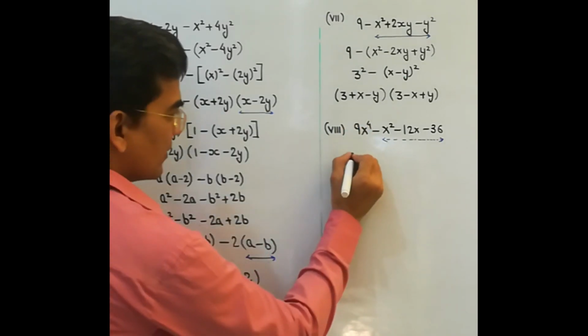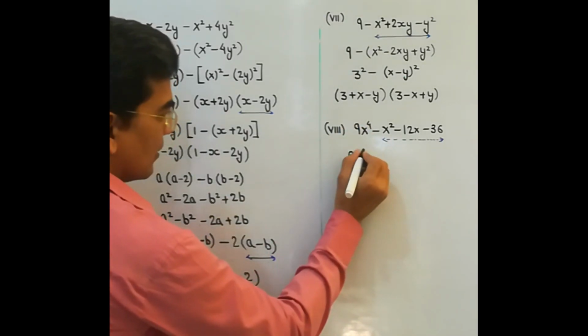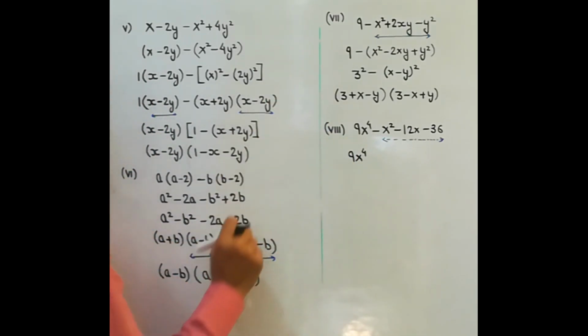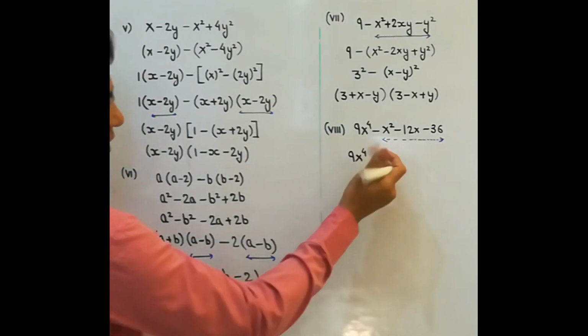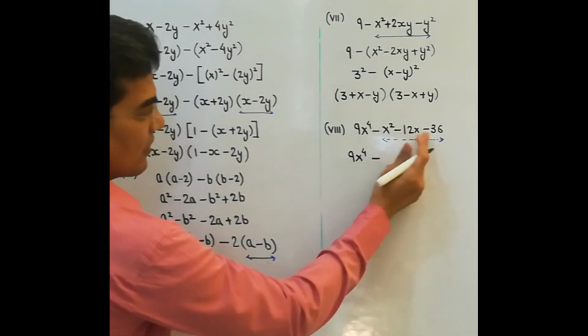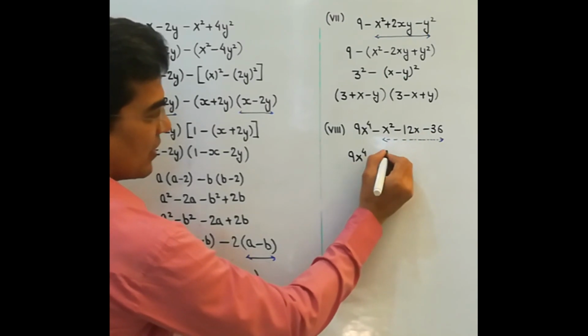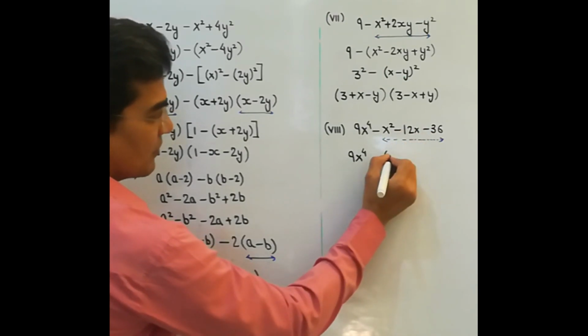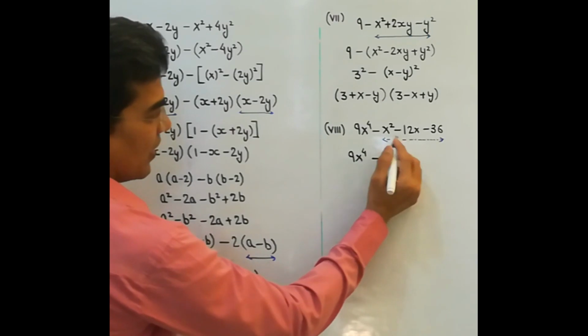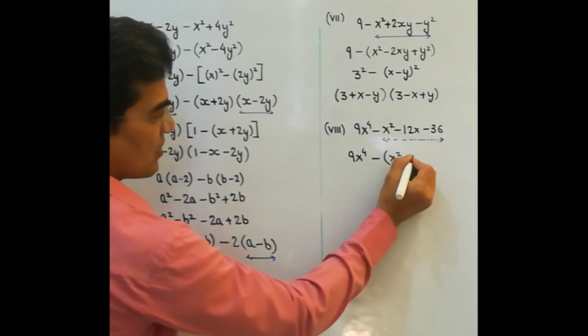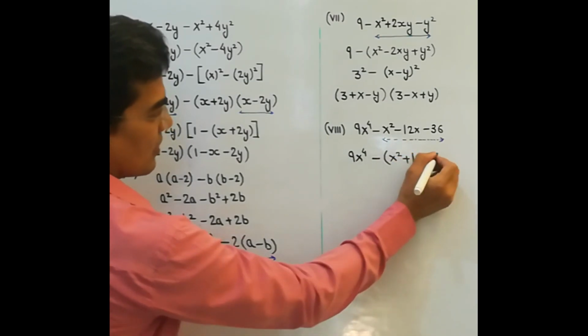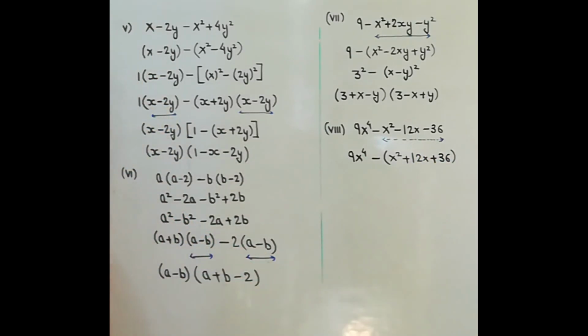So let it be like this. Same thing we did in the previous question also. And here also, the last three. So what we can do, we can take minus common from them. X square, this will become plus 12x plus 36, like this.